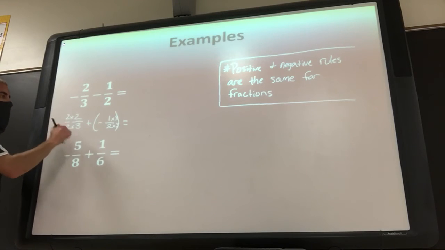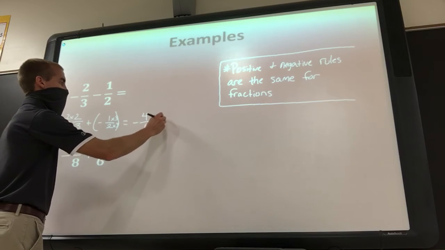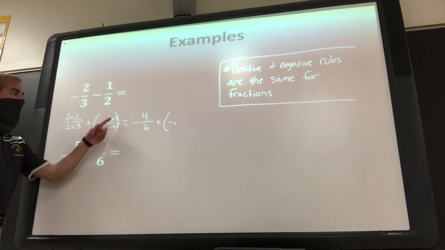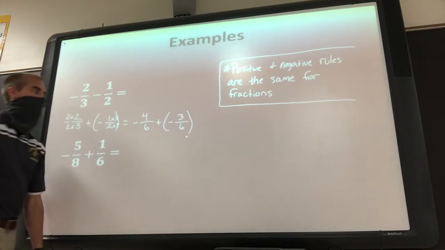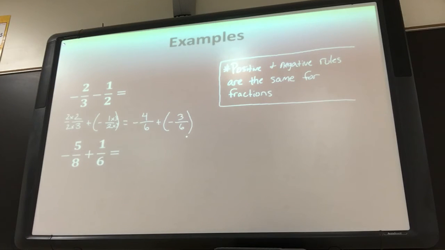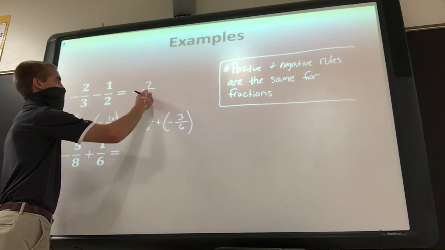So now we're going to get negative 4/6 plus negative 3/6. Negative 4 plus negative 3. Add those, we get negative 7. Negative 7/6.